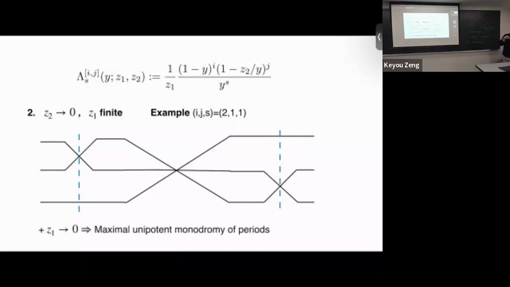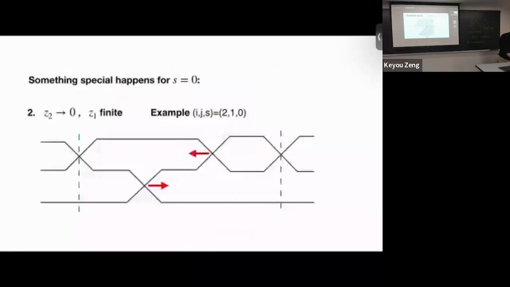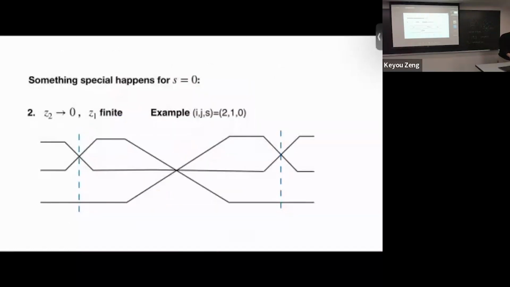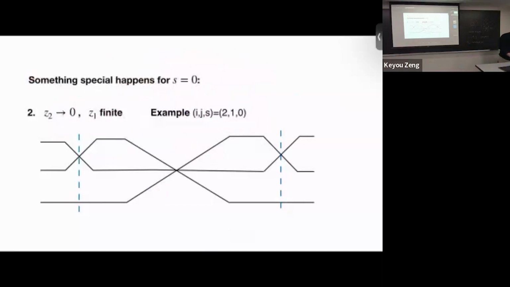If you further impose that Z1 goes to 0, you again get maximum unipotent monodromy of periods, but in a different phase. So here you're getting your 2-1 ramification profile. And here you get what's called a Tyurin degeneration. So this is now sending Z2 to 0, keeping Z1 finite.